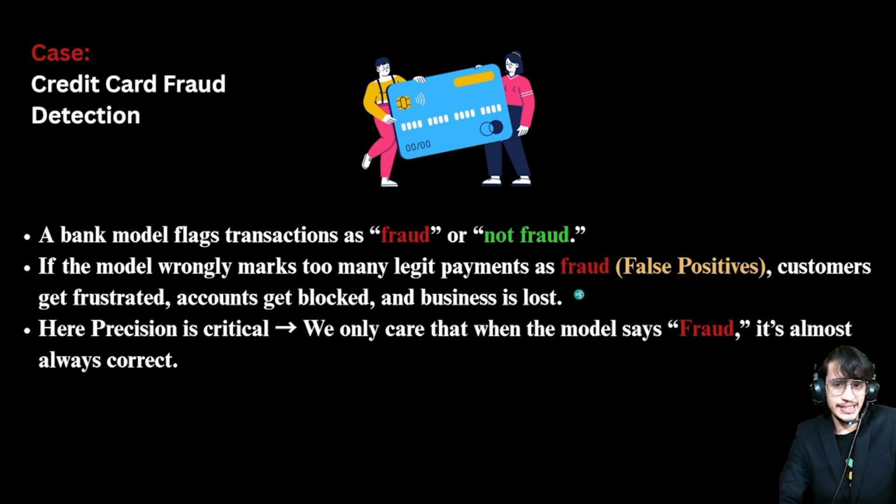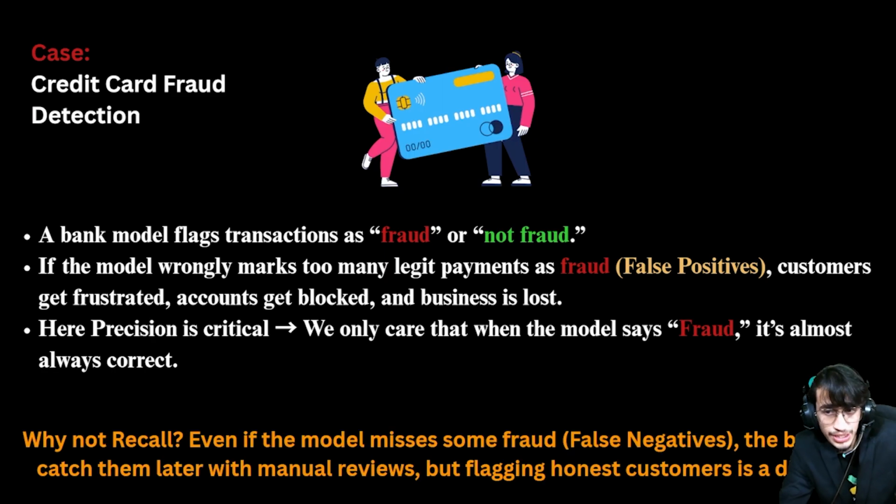We will use precision, because if the model wrongly marks too many legit payments as fraud, customers get frustrated, accounts get blocked and business is lost. If the model says it is fraud and it was not fraud, then it will be chaos. We need to know what is fraud, but we focus on the fact that if a person is not committing fraud, they should not be marked. So this is precision.